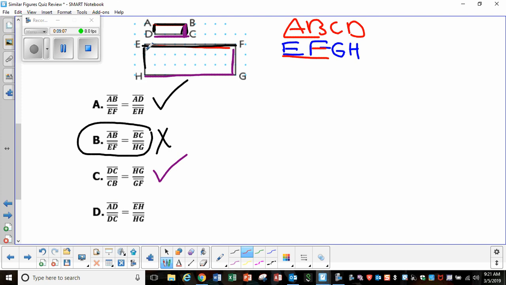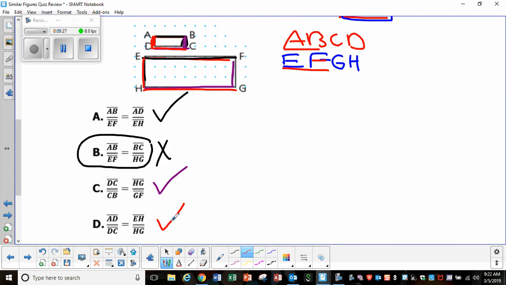And then over here we've got AD, the left side, and the bottom, DC, so side AD and DC correspond to EH, the left side, and HG, the bottom. So that is true. So again, the answer to number 6 is B, because that is not true. Those sides do not correspond.